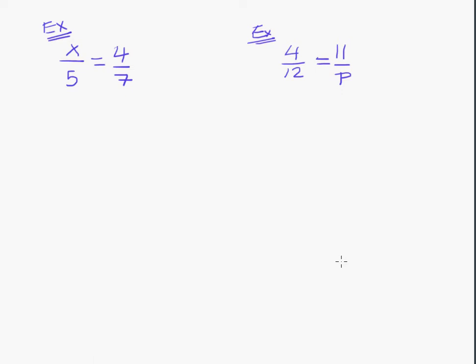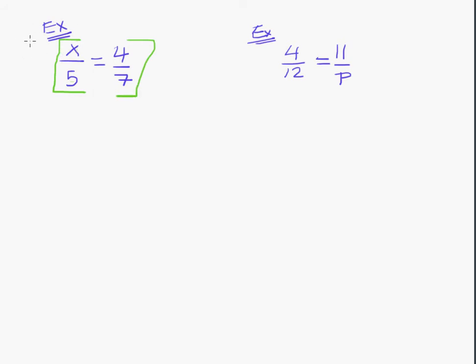And in proportions, we have unique properties where we can solve for unknowns. And so that's the next step we're going to work on in our process of solving equations. So if we look at x over 5 and 4 over 7, we do what's called the cross product, which is multiplication.